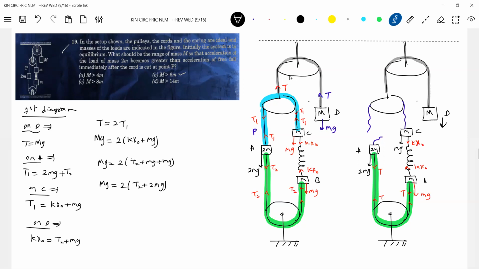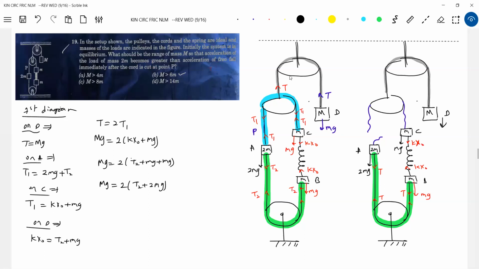How do we bring in the mathematical conditions? What has he put in? He is simply telling us that the acceleration of the load of mass 2m becomes greater than the acceleration of free fall. Himself he has given that condition.